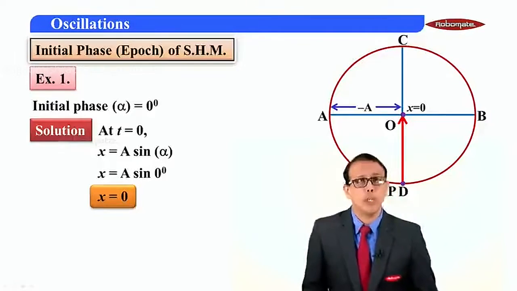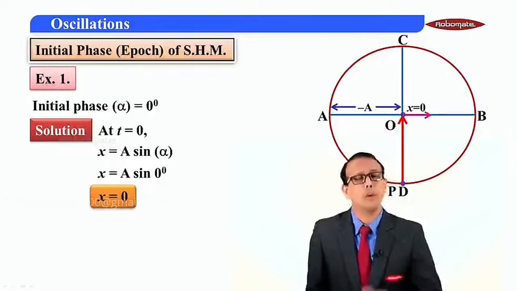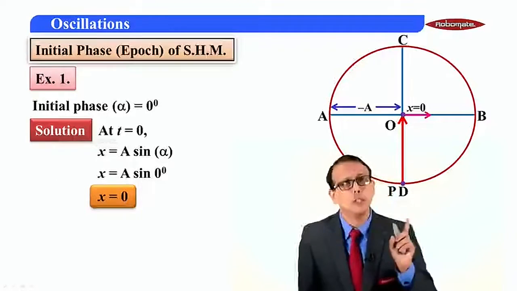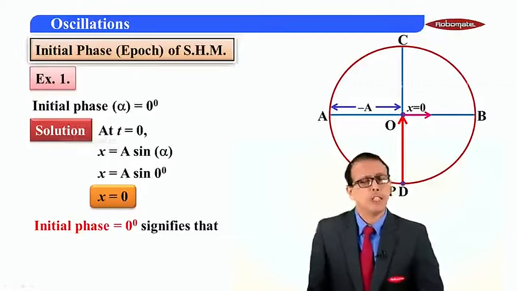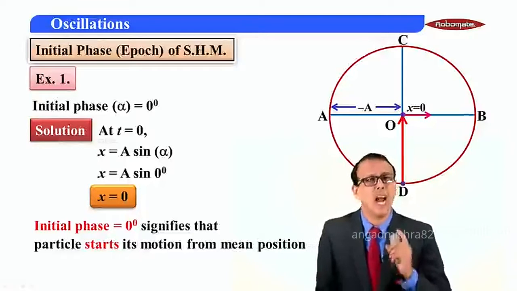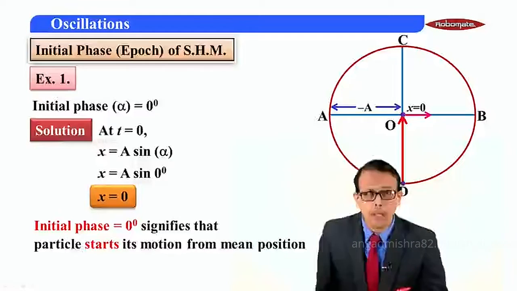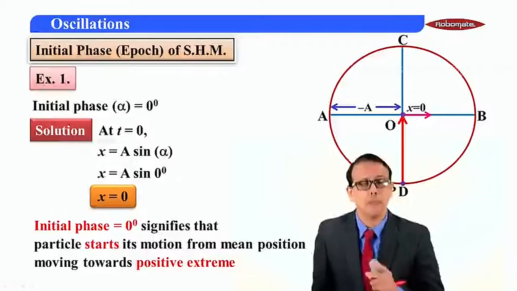But where is it moving towards? As we know, whenever it is 0, the particle is moving towards positive extreme. So I can say initial phase equal to 0 degrees signifies that the particle starts the motion from mean position, moving towards positive extreme.